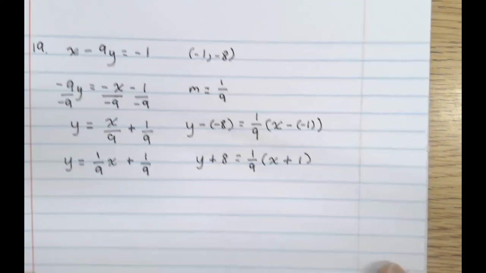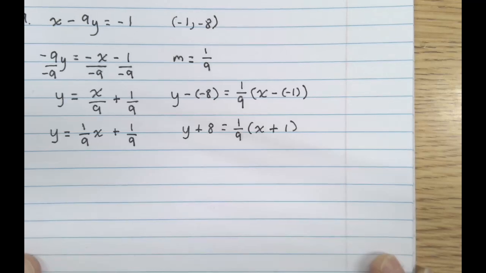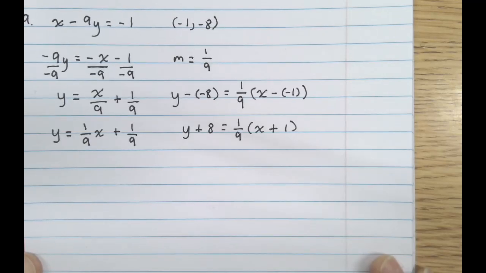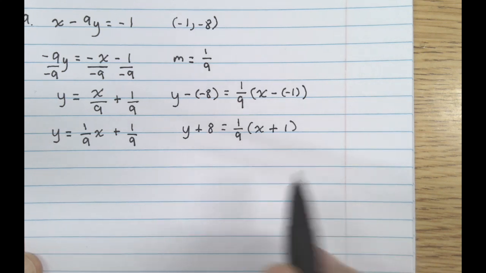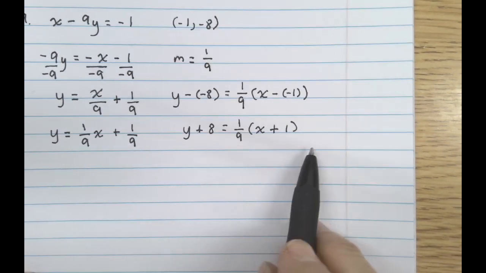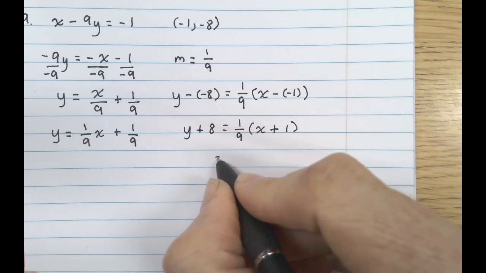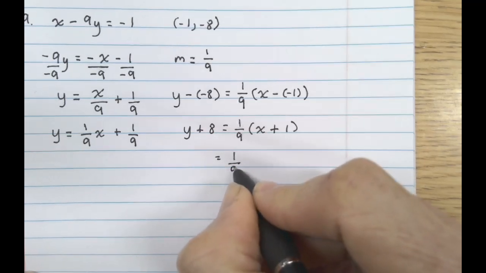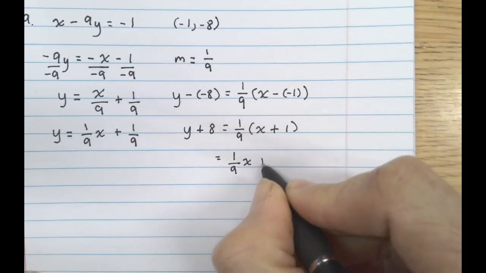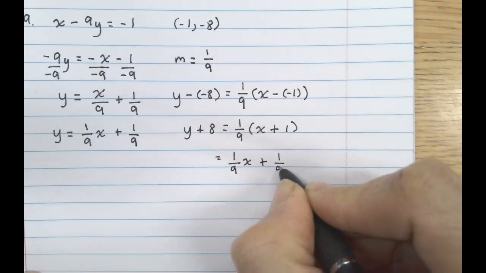Alright, still got some work to do because they want us to write it in slope-intercept form, not in point-slope form. So distribute the 1/9, and I'll get 1/9 x plus 1 over 9.